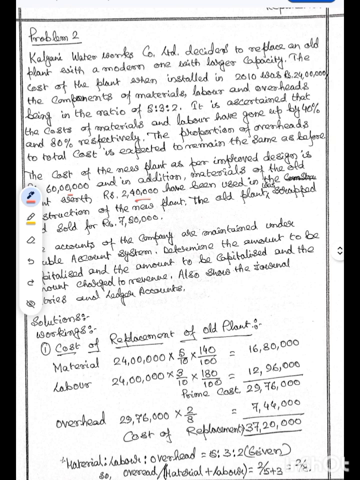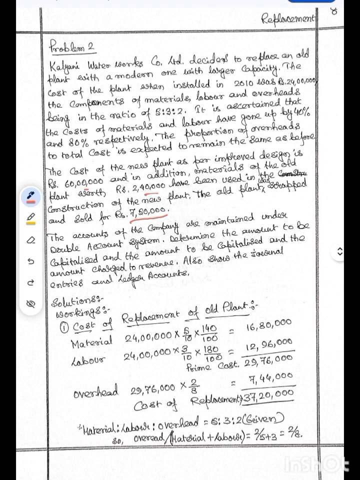The old plant was scrapped and sold for rupees 7,50,000. The accounts of the company are maintained under the double account system. Determine the amount to be capitalized and the amount charged to revenue. Also show the journal entries and the ledger account. Okay, so this is our problem.